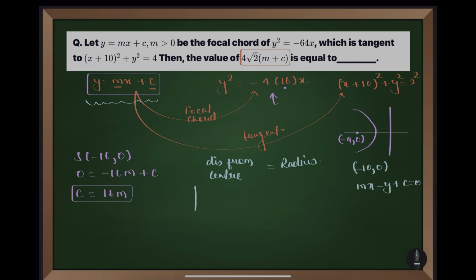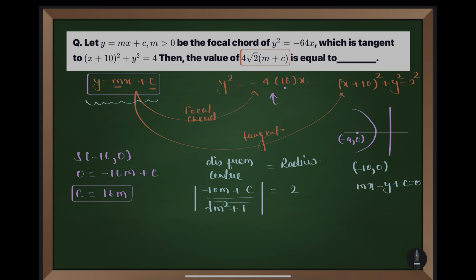So it is a point satisfaction. So it is modulus of minus 10m minus 0 plus c upon root over a square plus b square, so root of m square plus 1. Okay, and the radius is what? 2 units. Okay, now how will we solve this problem? Since we have a mod, I'll take the square on both sides.